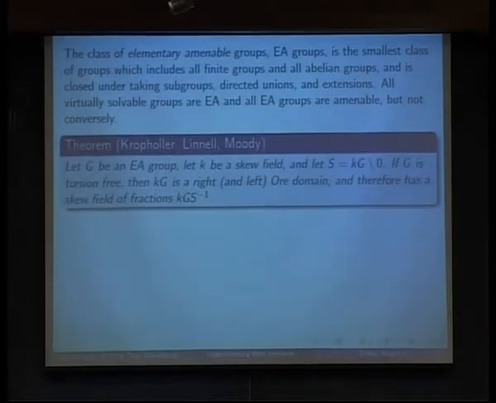And the theorem we want to use is that in the case when G is an elementary amenable group, K is a skew field, S is the non-zero elements of KG, and if G is torsion free, then KG is a right and left Ore domain, and you can form the skew field of fractions KG S^-1.